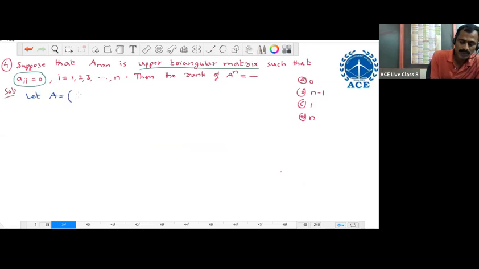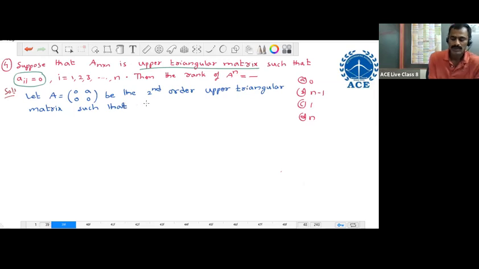Let A equal to [0, a; 0, 0] be the second order upper triangular matrix such that a_i equal to 0.